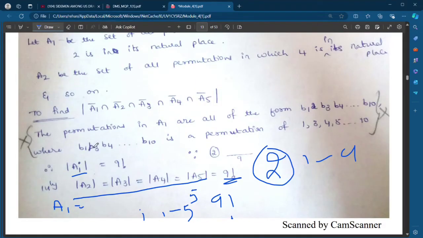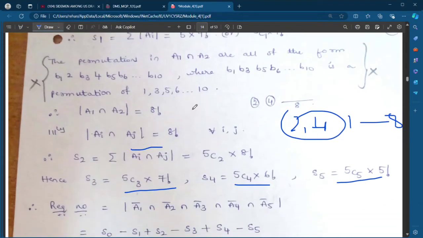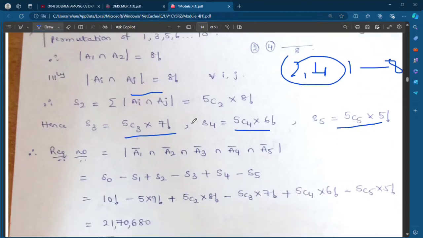So what have they asked in the question? That no even number is in its original place. So I have to take arrangements where all the even numbers are not in their original place. I have found the arrangements with even numbers in their original place, S1, S2, S3, S4, S5. That is A1 union A2 union A3 union A4 union A5.